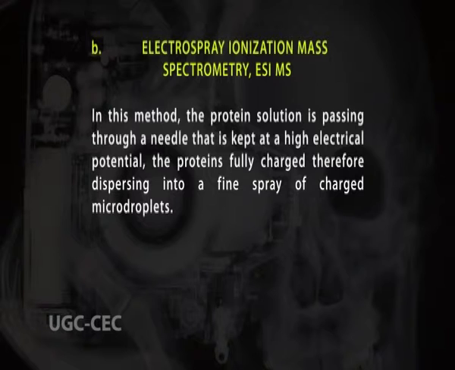B. Electrospray ionization mass spectrometry, or ESI-MS. In this method, the protein solution is passed through a needle that is kept at a high electrical potential. The protein is fully charged, thereby dispersing into a fine spray of charged microdroplets.